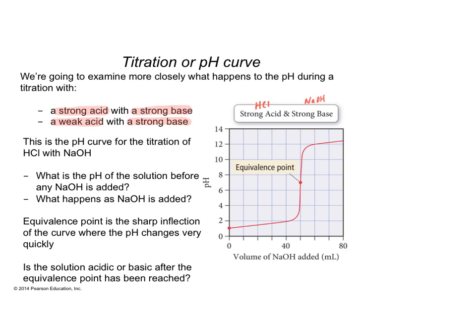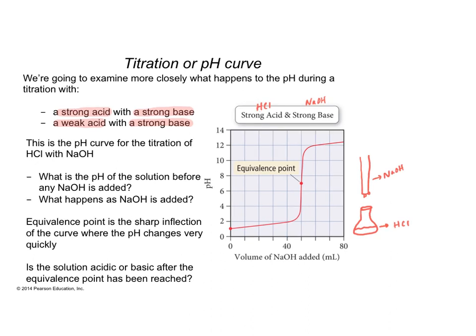If you want to imagine what's happening in this type of titration, you would have your strong acid, HCl, in, let's say, an Erlenmeyer flask or some sort of beaker. You would have your burette, as usual, and the sodium hydroxide, the strong base, would be coming from your burette, and you'd be measuring volumes of sodium hydroxide released.